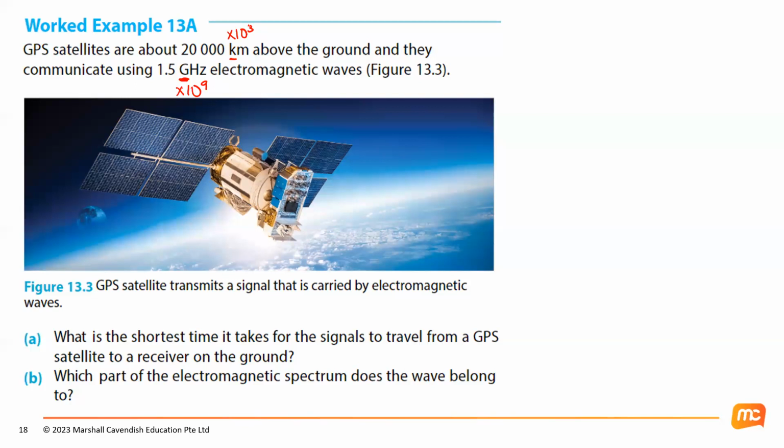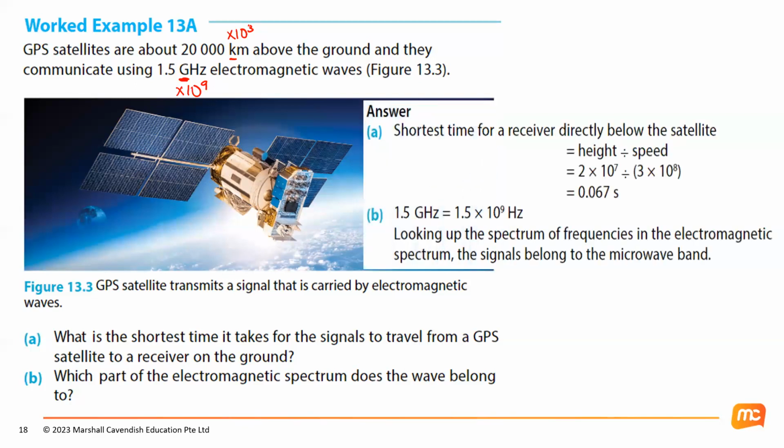Okay, so how do I solve this? I want the time taken for it to travel. So I need to find the speed, because they give you the distance, which is 20,000 kilometers. You should know that electromagnetic waves, all of them, travel at a speed of 3 times 10 to the power 8.